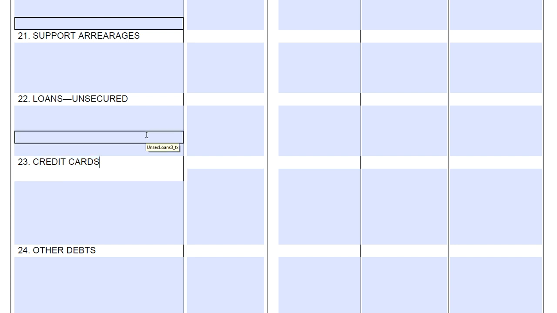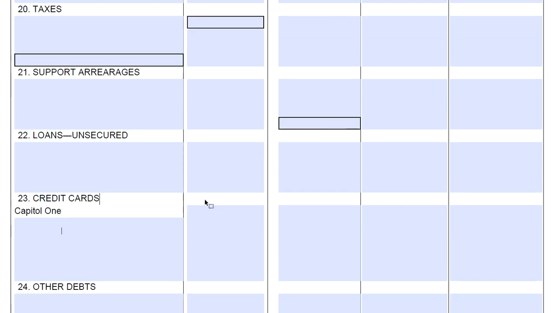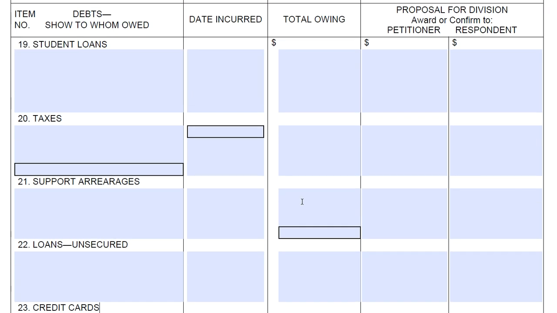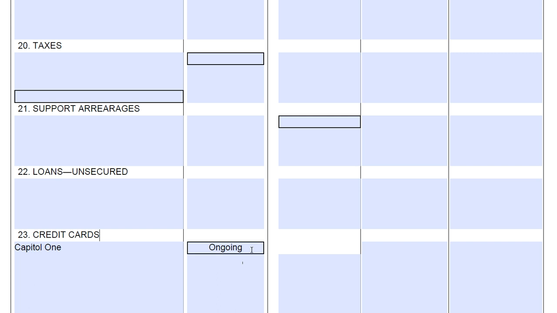So let's say you have a Capital One and the date incurred, maybe you're still spending on it, so date incurred is ongoing, and the total owed is, well, let's see, maybe you owe $2,000.